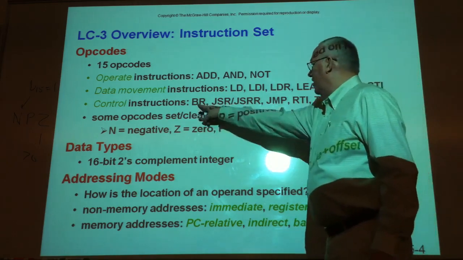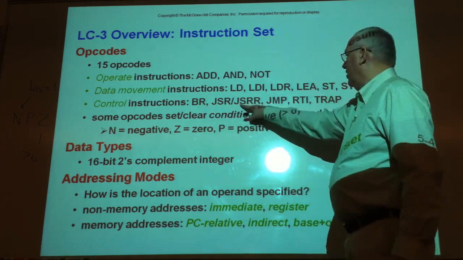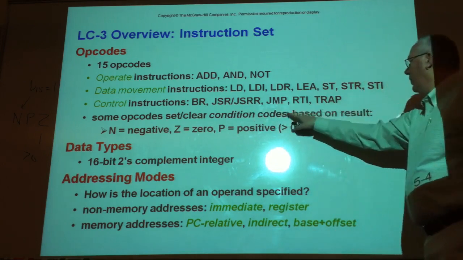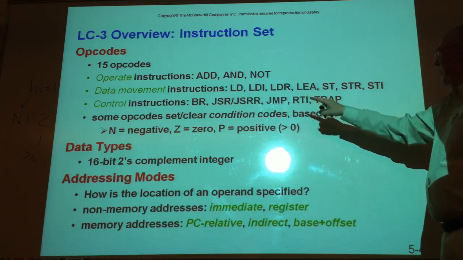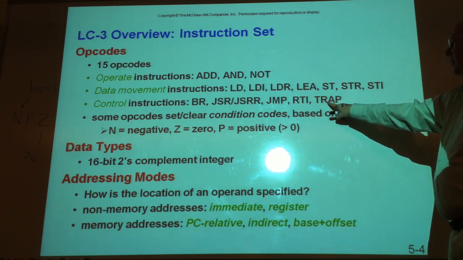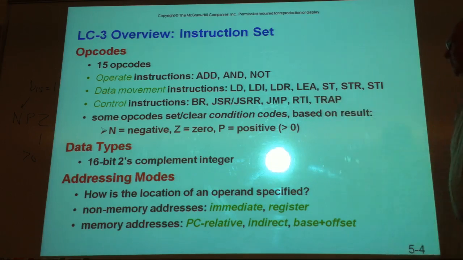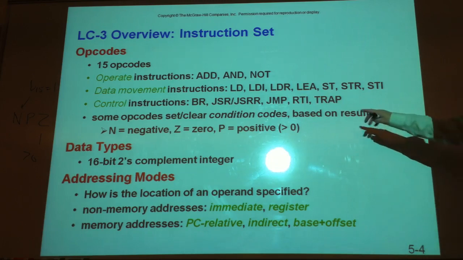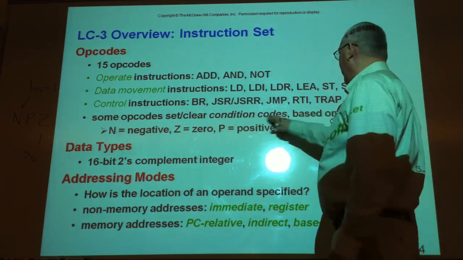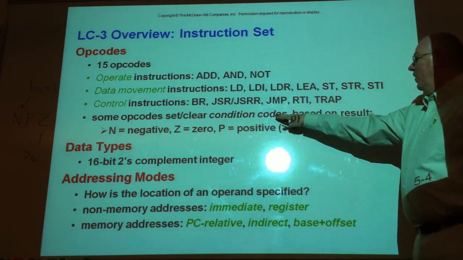So here's our branch. These are our jump subroutines, our jump, return from interrupt, and trap. So these change the program counter. Then some opcodes set and clear condition codes, and I told you what those opcodes are.